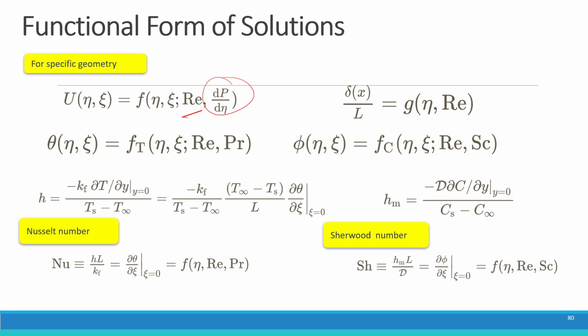Similarly, the temperature, that is theta, will be a function of the Reynolds number as well as the Prandtl number. So in order to find the temperature across any surface at any given x within the boundary layer, we can use this Reynolds number, Prandtl number correlation to find theta and velocity.